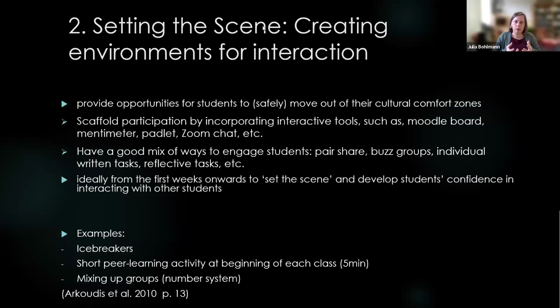So that can be quite a low risk participatory activity that you can do in a class. And then you can build it up by having mixed ways of engaging students. So breaking up in pairs and buzz groups, having individual written tasks and reflective tasks built into your classroom.